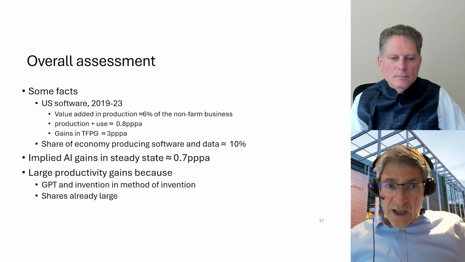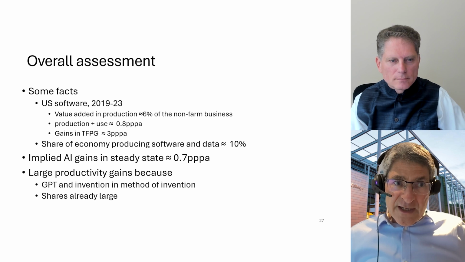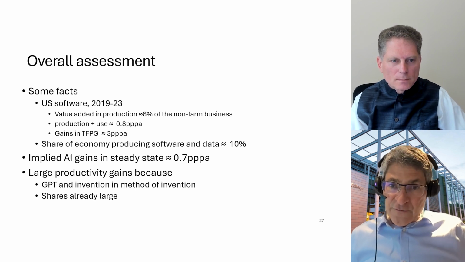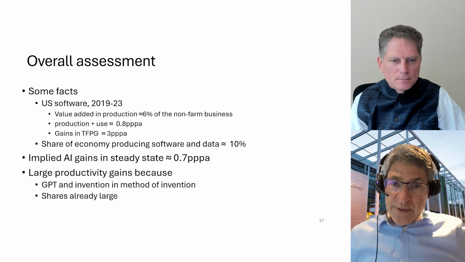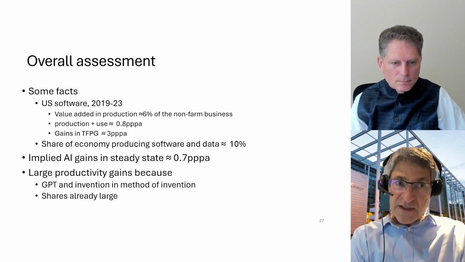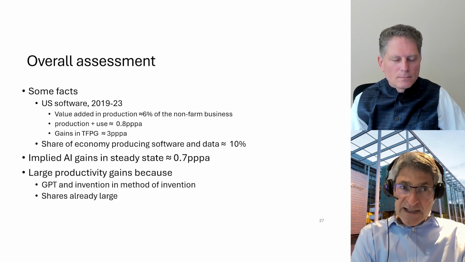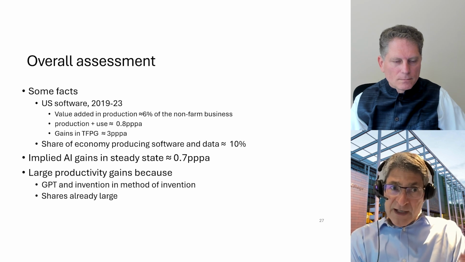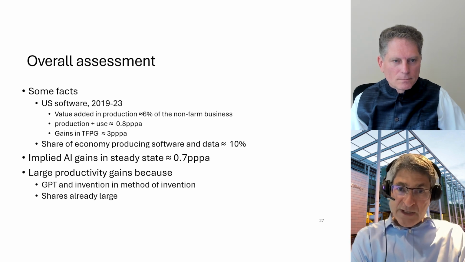Okay. I promise you, it's absolutely the last slide. Some facts. We tried to document some facts about US software, and that appears to be enormously productive and so forth at the moment. As I say, that would imply these AI gains in the steady state of 0.7. And lastly, to get back to it, why do we have these large productivity gains?